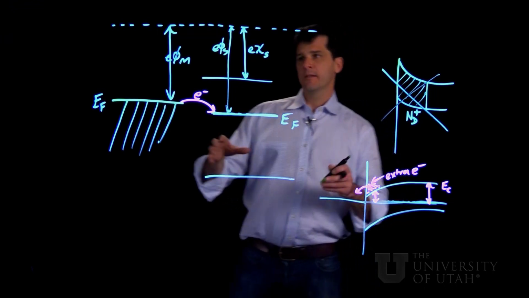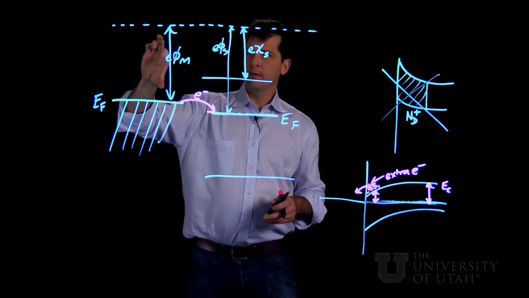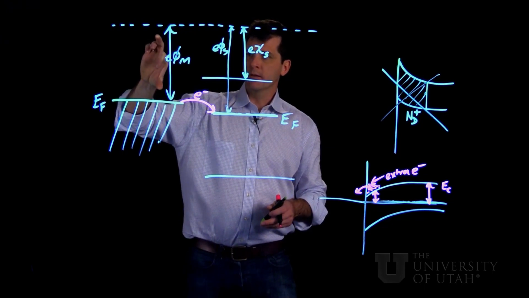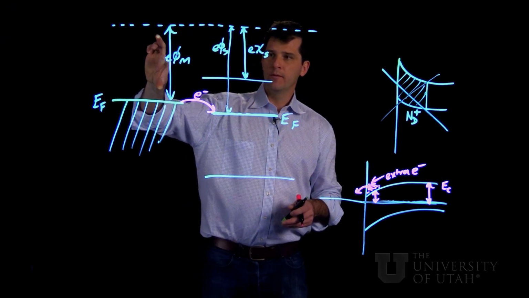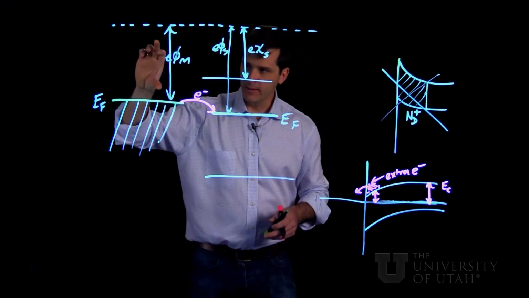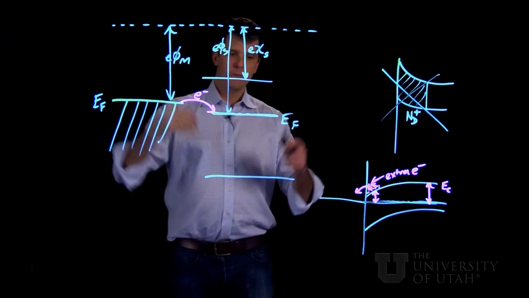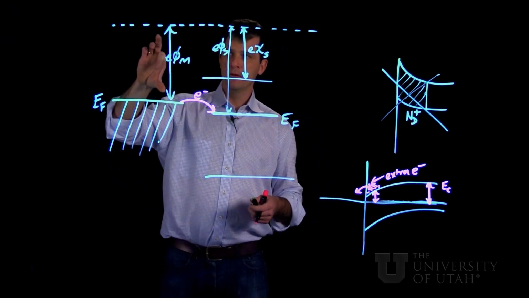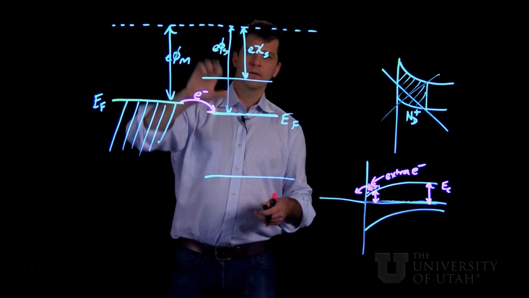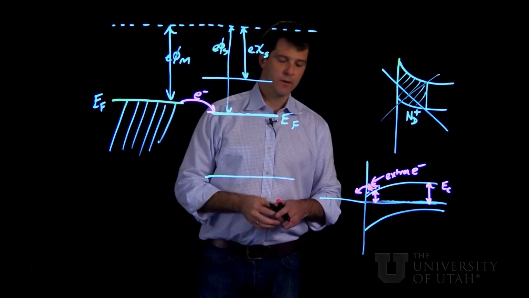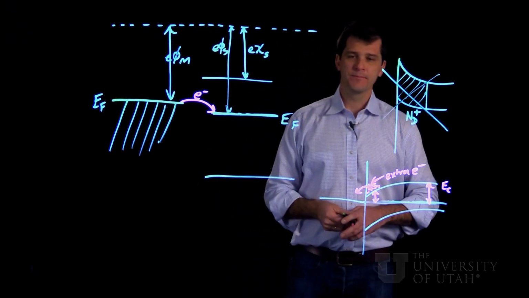So again, the conditions are that for an N-type material, the work function is larger in the semiconductor than it is in the metal. And for a p-type material, it would be the opposite, that the work function in the metal is larger than that in the semiconductor, resulting in an ohmic contact to p-type material.